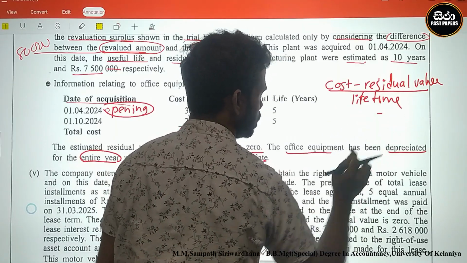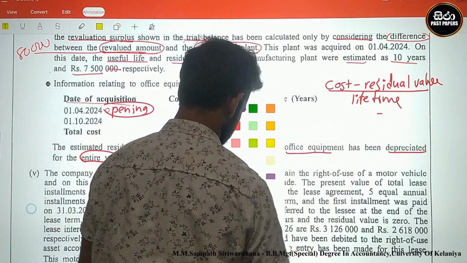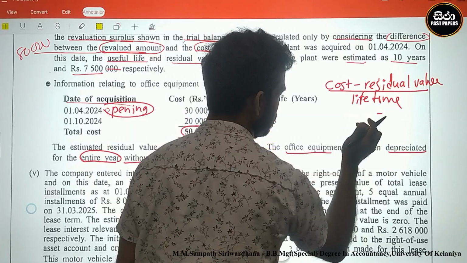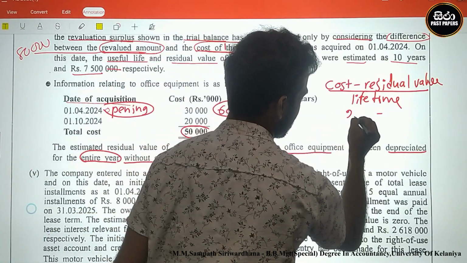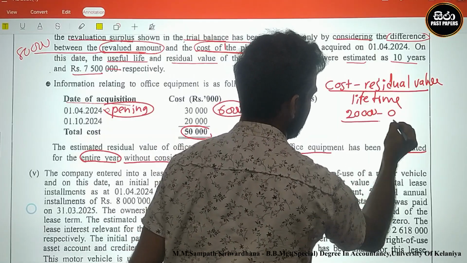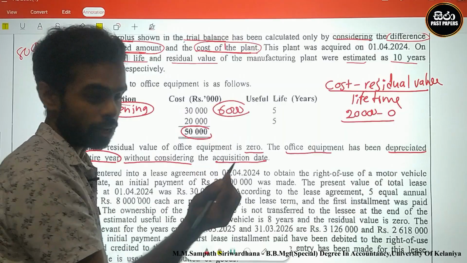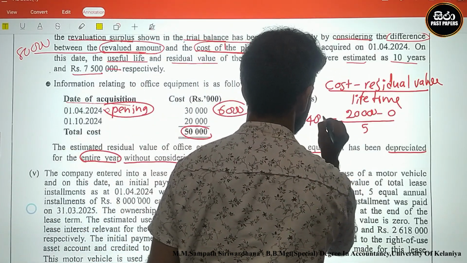Again, 6 months depreciation. The formula is the same. Cost is 20,000 minus residual value 0, divided by the useful life of 5. The annual depreciation is 4,000.